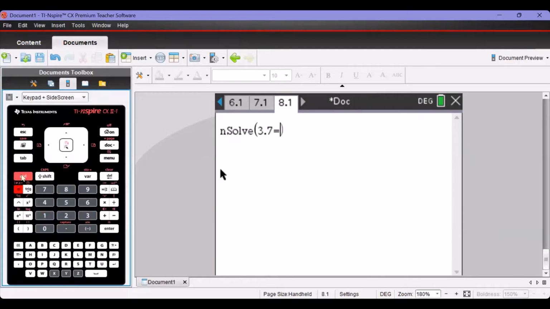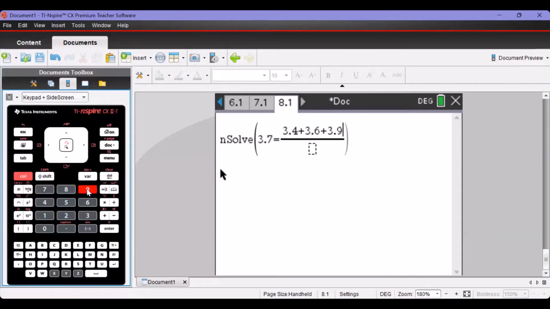So we want to solve 3.7 is equal to, in the numerator here, we'll enter 3.4 plus 3.6 plus 3.9.